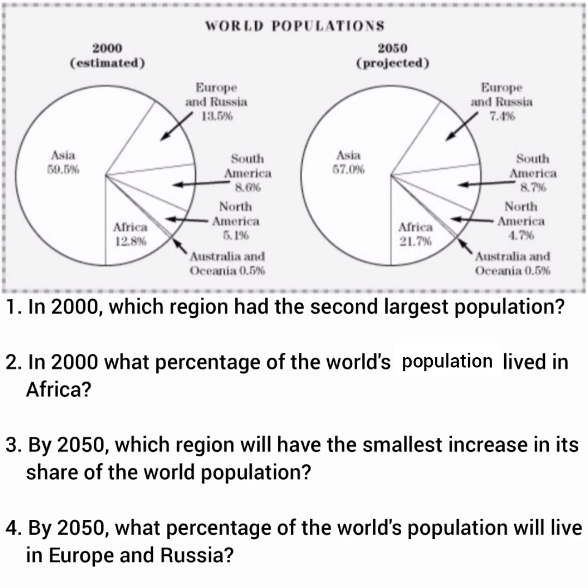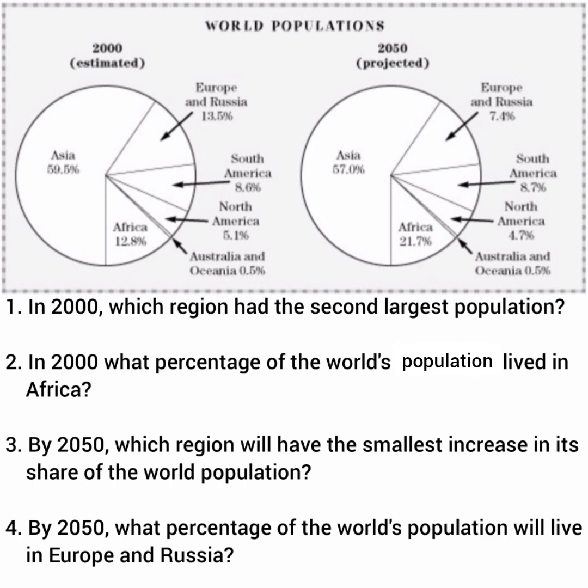Let me go through the 4 questions really quick, and then I'll conclude the video. Number 1 says, in 2000, which region had the second largest population? Number 2, in 2000, what percentage of the world's population lived in Africa?